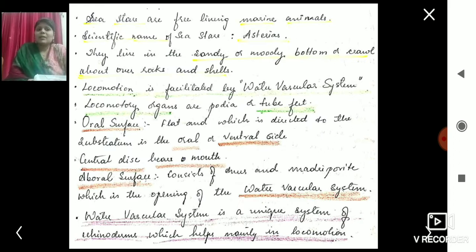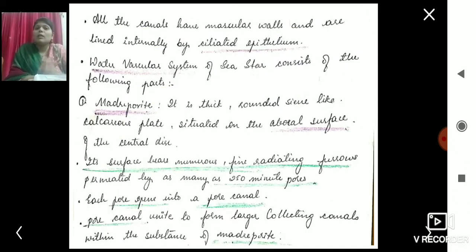So water vascular system is a unique system of echinoderms which helps mainly for locomotion. That is the main agenda for us today, right? So all the canals have muscular walls and are lined internally by ciliated epithelium.